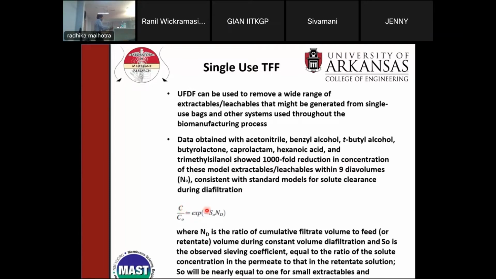For a contaminant during diafiltration there is an exponential decrease, as shown here, where ND is the ratio of diafiltration volume to feed volume at constant volume, and the observed sieving coefficient, if equal to 1, gives just e to the negative ND. The sieving coefficient is equal to the ratio of the solute concentration in the permeate and the retentate. Good. It is about 1 for small extractables and leachables.